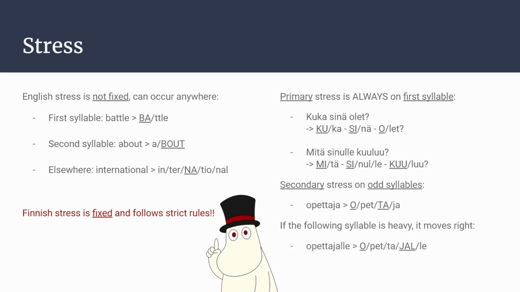So if we look at this example, opettajalle, you'll notice that jal is a heavy syllable, it ends in a consonant, and so while ta would normally be the secondary stress since it's on the odd syllable, it's followed by that heavy syllable, so the secondary stress moves over one to the right and it becomes opettajalle. And yeah, that's Finnish stress in a nutshell.